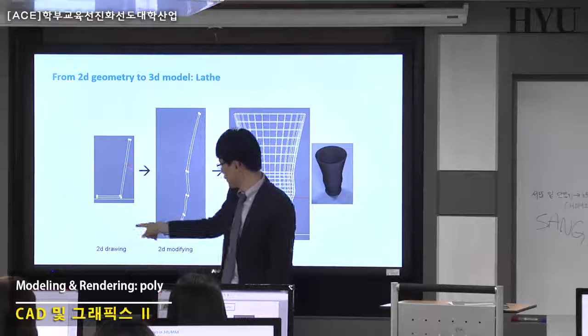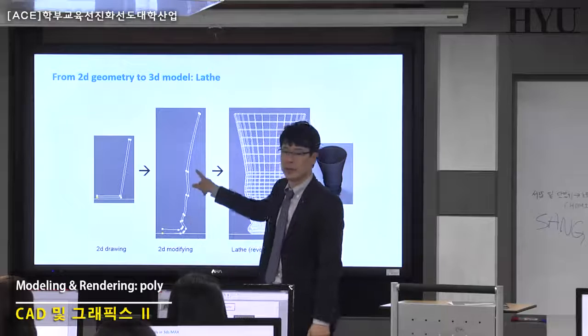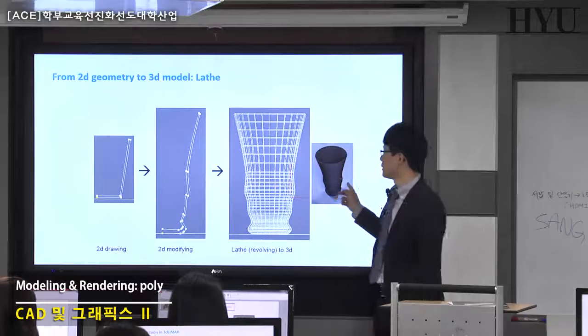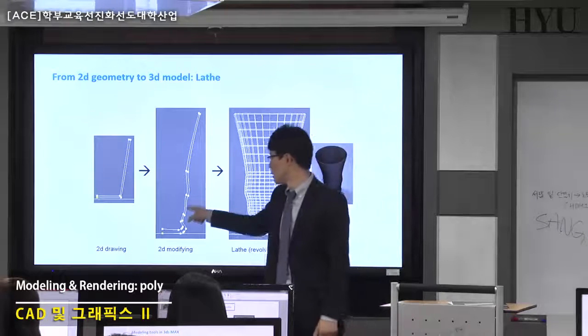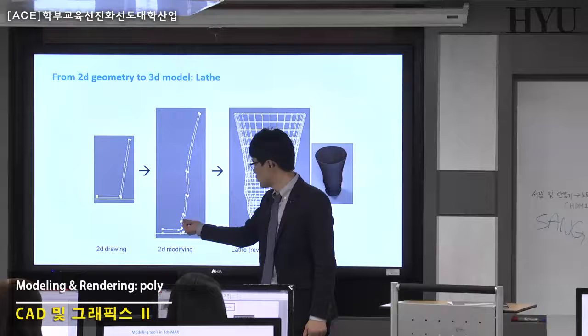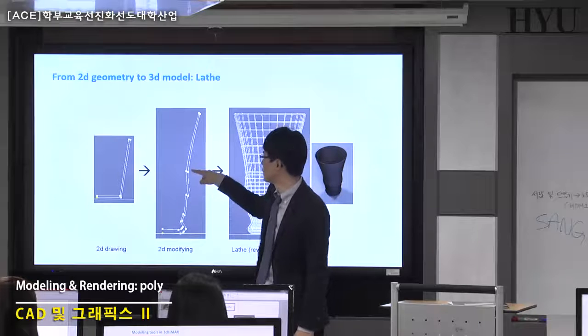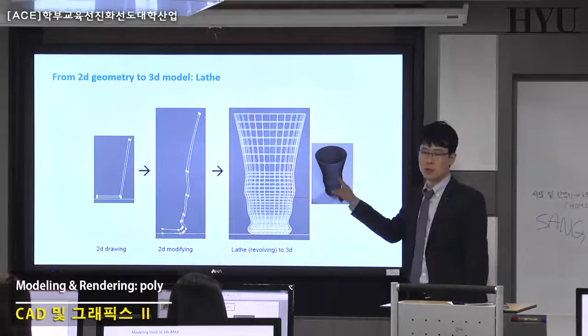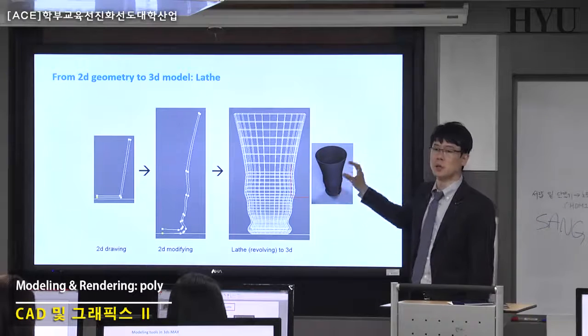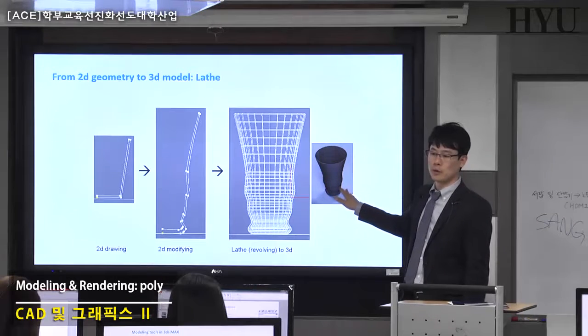Simply draw 2D, modify its 2D and revolve it. After revolving this shape, go back to this stage. If you control the thickness by controlling these points, then your final object is going to be updated in real time, okay?